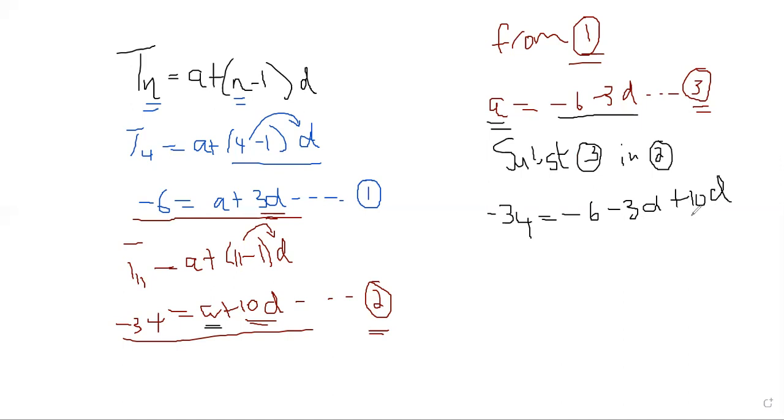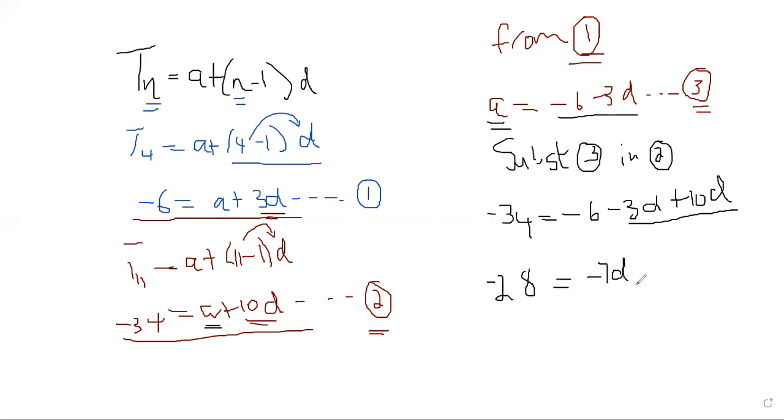So this -3 plus 10, that would give you something like 7, right? So we'll be having 7D on the other side, 7D, and then you take this 6 to the other side. So it will be -34 plus 6, giving you something like -28, right?